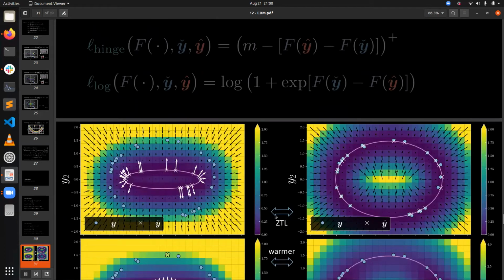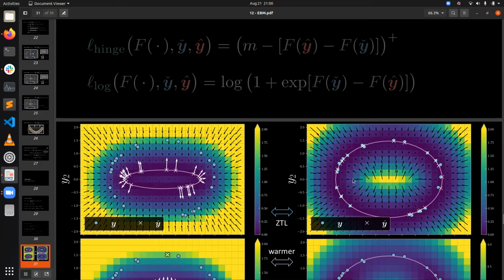So in zero temperature loss, as I've said, there is a corresponding single point on the manifold which is closest, and you take that free energy and you suppress that, and in that process the manifold expands, and this is what happens.